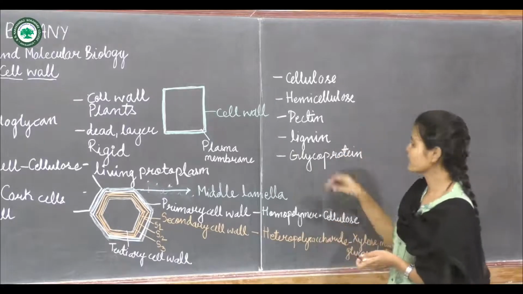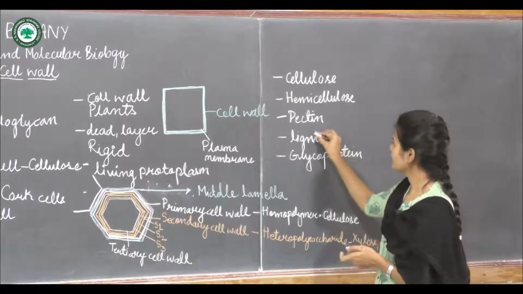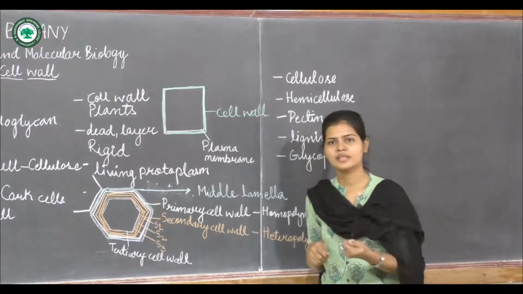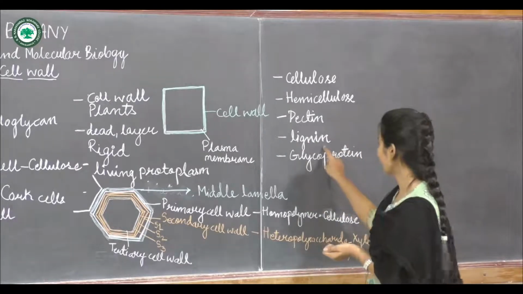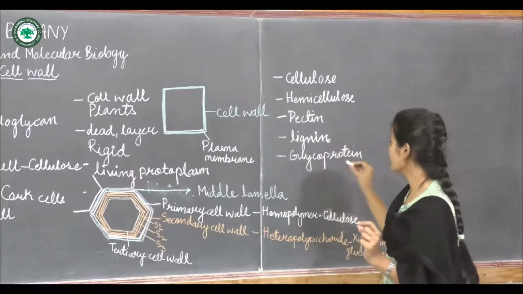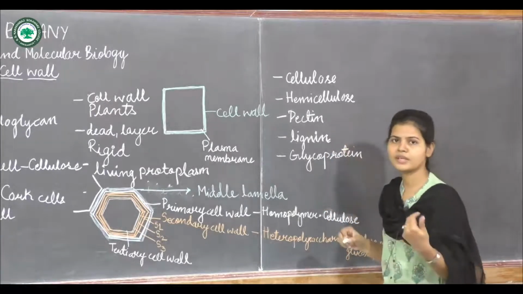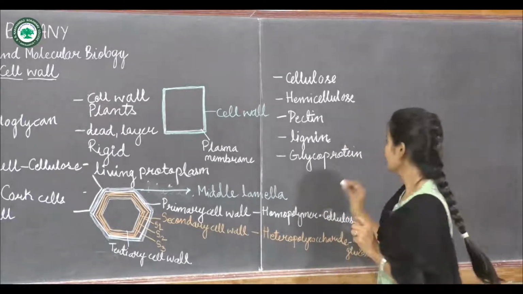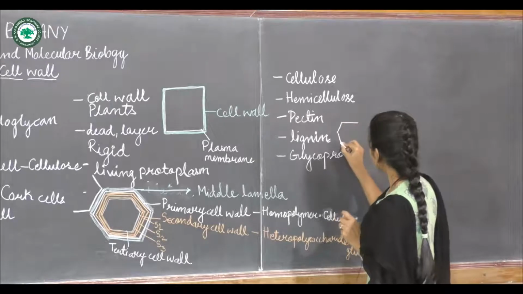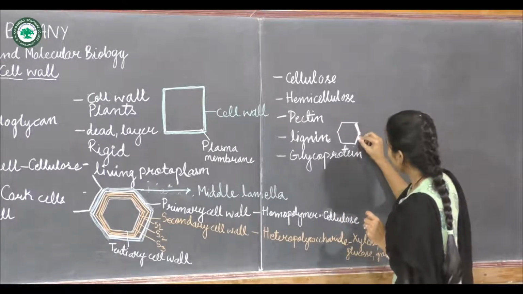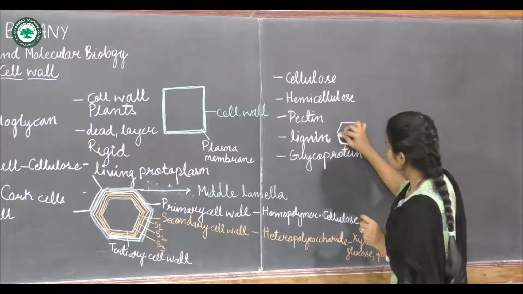glycoprotein. Now this lignin is mostly deposited in the cell when it becomes dead, and it forms a thick layer around the cell wall. When the cell becomes dead, there is deposition of the lignin outside of the cell, and its size increases.